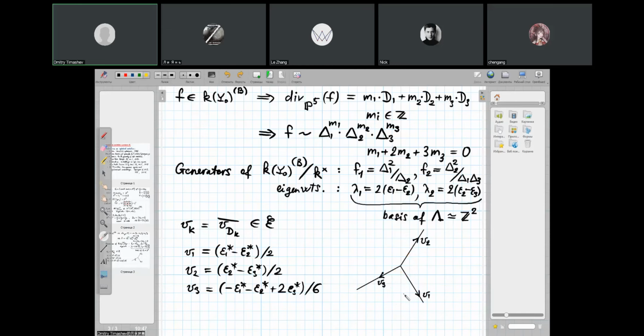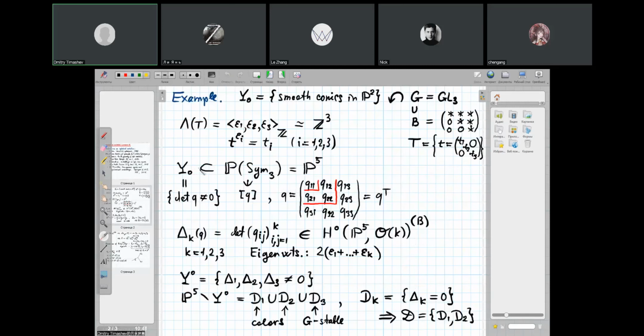Okay. So next, I'm interested also in the valuation cone. But for this purpose, let me consider this compactification and observe that this embedding of Y0 into this projective space is a simple embedding. This is a simple spherical variety with a unique closed orbit. So the closed orbit here is given by matrices of rank 1.